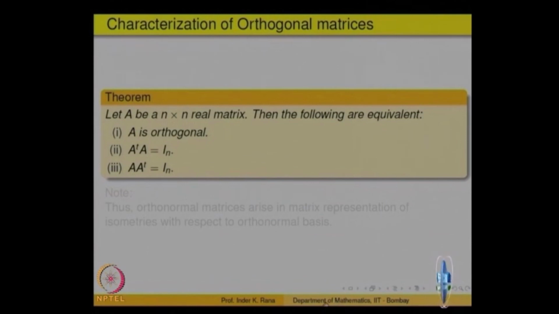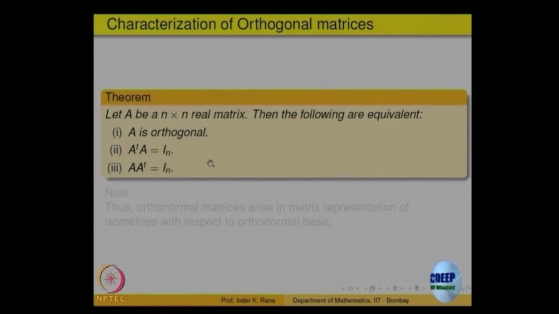This is an equivalent way of saying that a matrix A is orthogonal; this is the definition. But you can take the transpose of this. What is the transpose of this? That will be precisely A transpose transpose, which is precisely this.